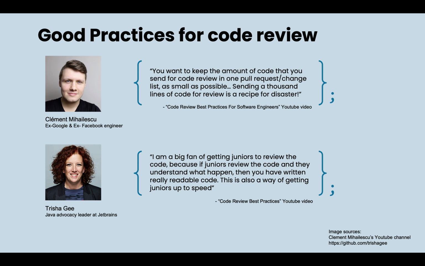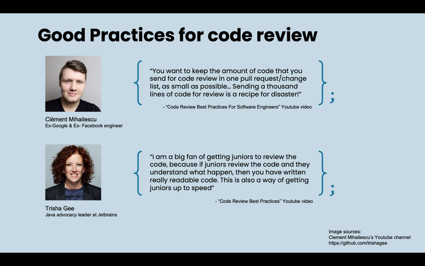Let's take a look at what some successful colleagues say regarding code reviews. Clement Mihailescu, an ex Google and ex Facebook software engineer, helps us with a good tip for code reviews. He tells us not to submit thousands of lines of code for review.